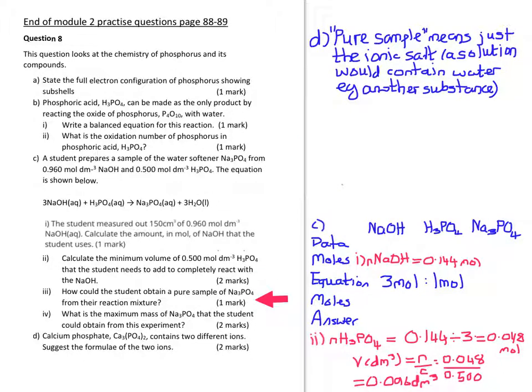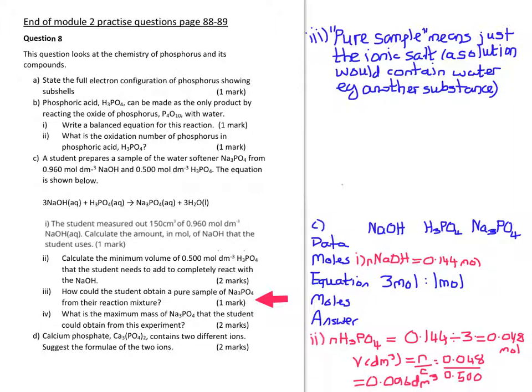So the next question, sorry, that should have said part I. When they mean a pure sample, they mean just the ionic salt. Obviously, sodium phosphate is an ionic salt. You can see this because it's been made from the reaction of an acid and a base.